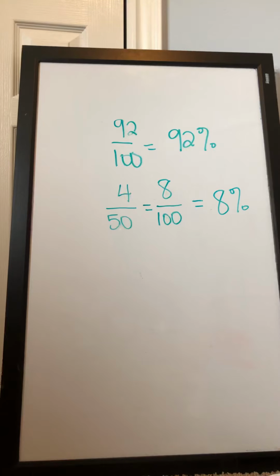Okay, so that's fairly straightforward. Now, the trick might come, if you're tracking along in your Jump Math book, in questions like number 7, where the denominator is not easily made to 100.